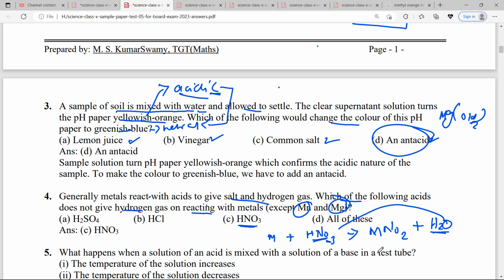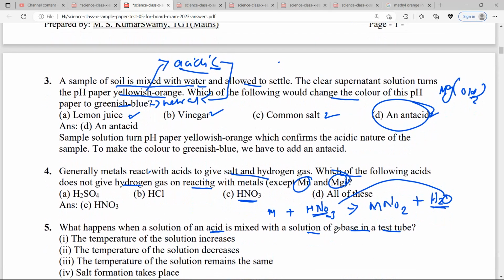Then, what happens when a solution of acid is mixed with a solution of a base in a test tube? Simplest question. Let us go for the options. The temperature of solution increases, the temperature of solution decreases, the temperature of solution remains the same, salt formation takes place.